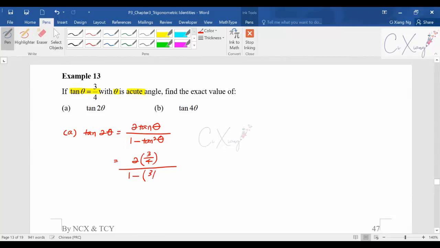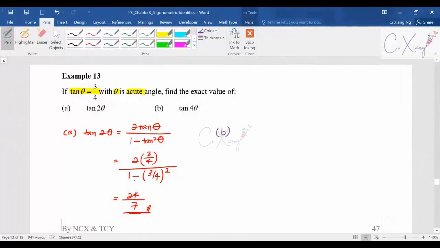So it should be 3 over 4 and then you square it. So this question very straightforward because you just substitute the value and also use the calculator to get the answer. So you should get 24 over 7. Okay, and after that, when we go to part number B. Okay, so from here, you already know that your tangent 2 theta is 24 over 7.